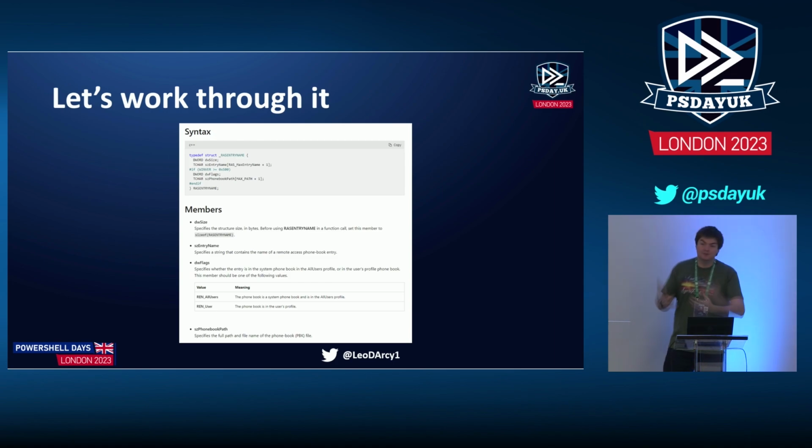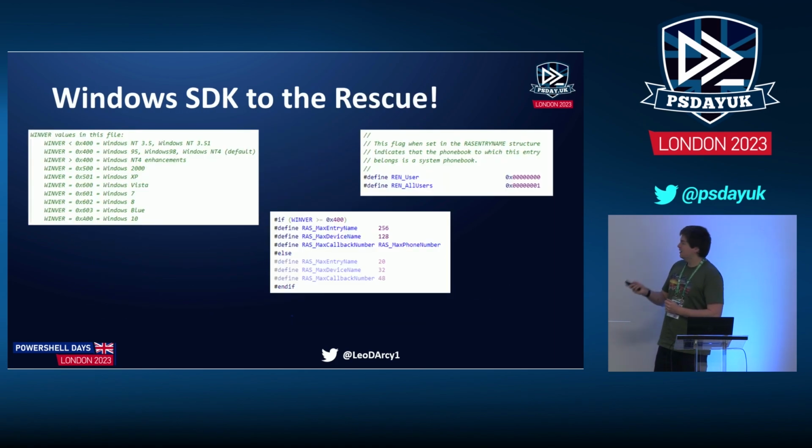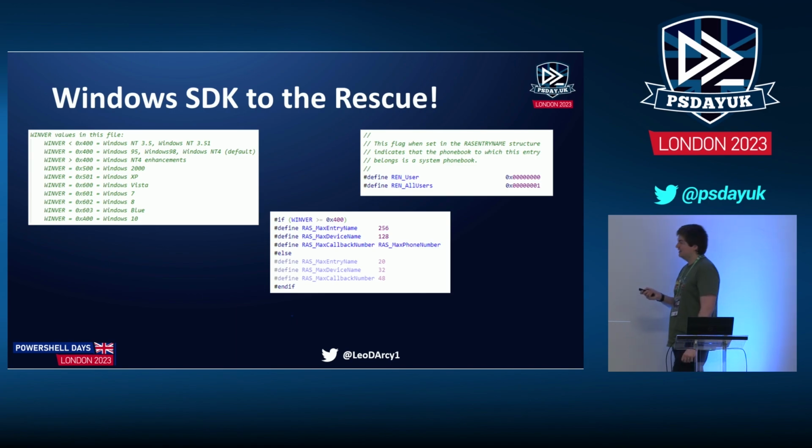Because we have to manage our own memory, we need to know what that is so that we can match that in the PowerShell world to get to the C world correctly. So we just needed to find out that max entry name is 256, so that value will be 257. Max device is 128, and max callback number is the same as phone number, but we don't care about that.